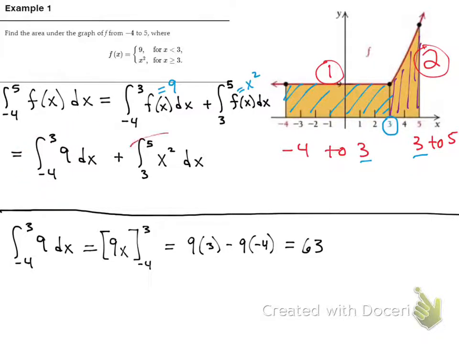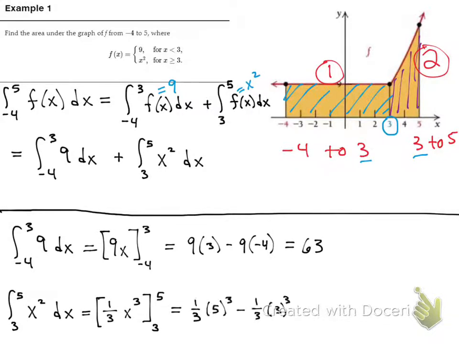Okay, now let's find the value of the second integral. First we need to find the antiderivative of x squared, which we know is just 1/3 times x cubed. And then we write this intermediate step where we keep in mind what our limits are. Now we can plug in the limits of integration, which will give us this.